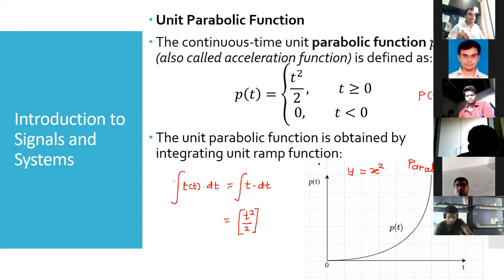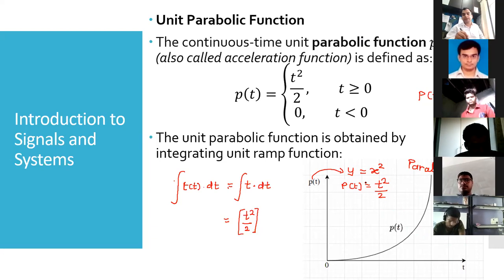In this case, y is p of t, and x square is t square, and of course, we have t square by 2, so we divide it by 2. So y is equal to x square is the generalized function of the parabola, which you have studied probably in school, in the board examination. So that's why this function is called the parabolic function.